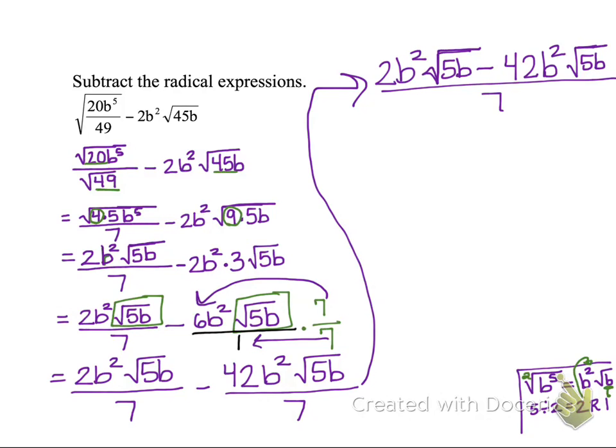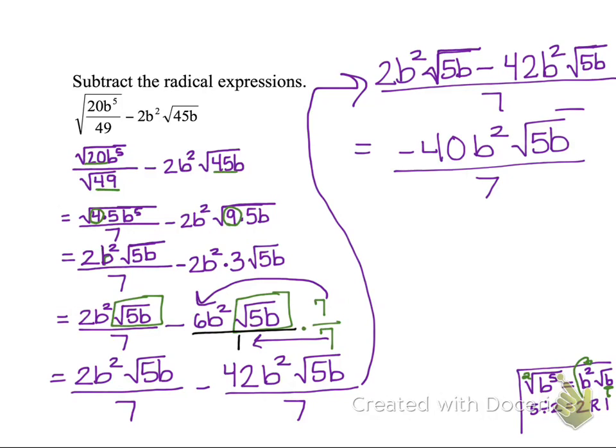So now I still have my like radicals, the square root of 5b. So now I have 2b squared minus 42b squared, which is going to be negative 40b squared times the square root of 5b, all over 7. And since 40 does not have a factor of 7, I cannot simplify this fraction any further. So this is my final answer.